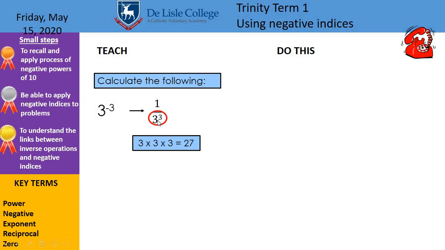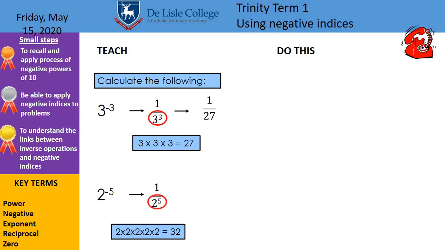But we know that that actually means 3 times 3 times 3, which is 27, because 3 times 3 is 9, 9 times 3 is 27, so you write it as 1 over 27. We can see here that 2 to the power of -5, again we can write it as 1 over 2 to the power of 5, and we know that that actually means 2 times 2 times 2 times 2 times 2, which gets us 1 over 32.